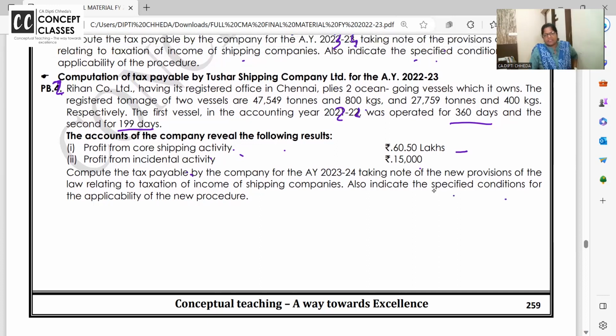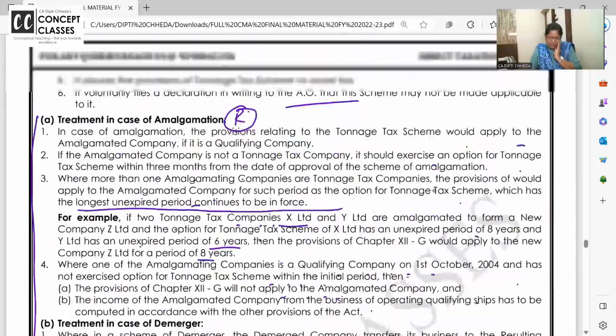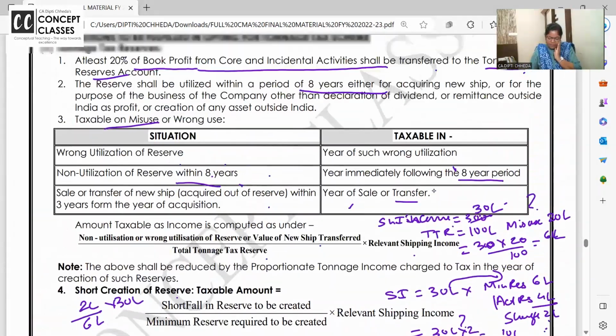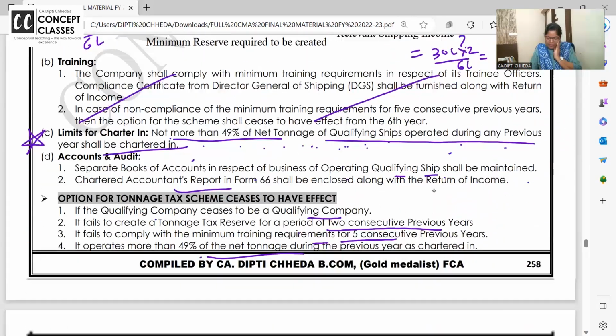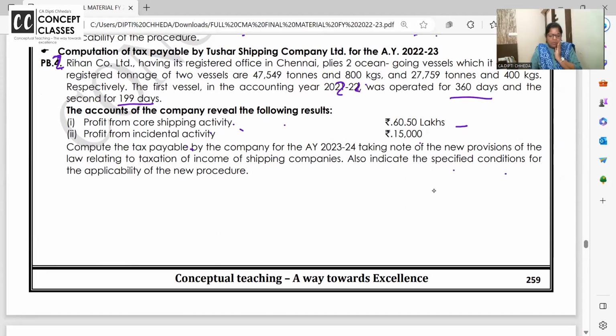Also indicate the conditions which they have to follow, कि 20% of their profits from the core shipping income, जो आपका मेन जो रेलेवेंट शिपिंग बिजनेस है उसका 20% ये है ना, they have to transfer. Relevant shipping business का 20% they have to transfer.